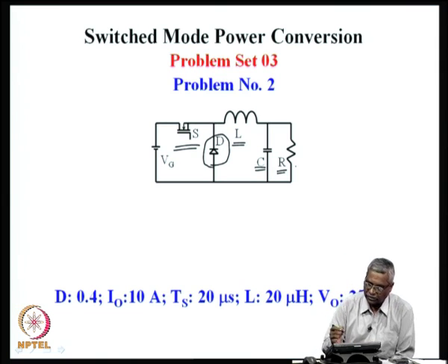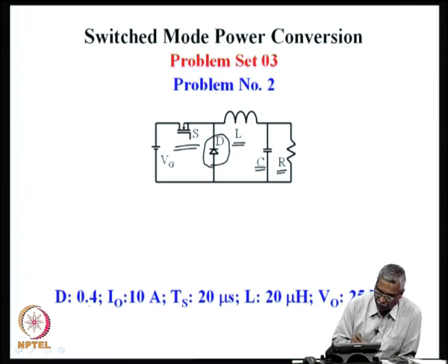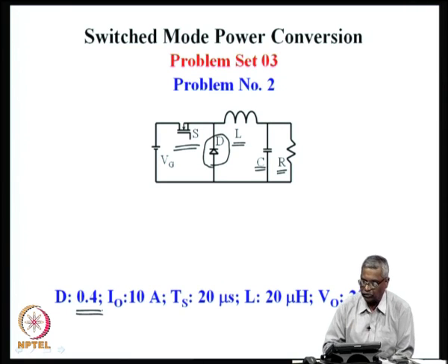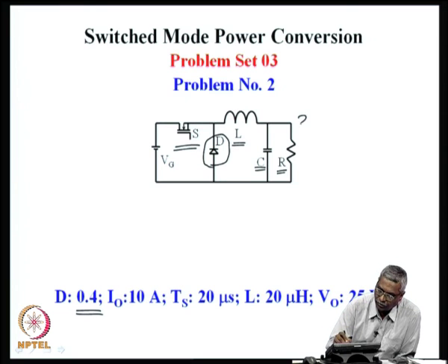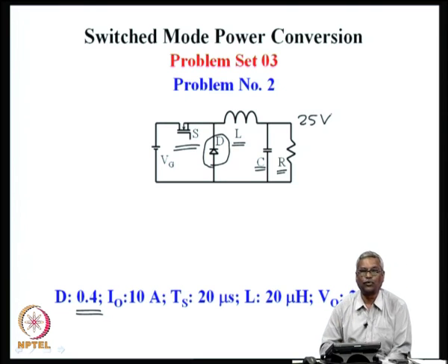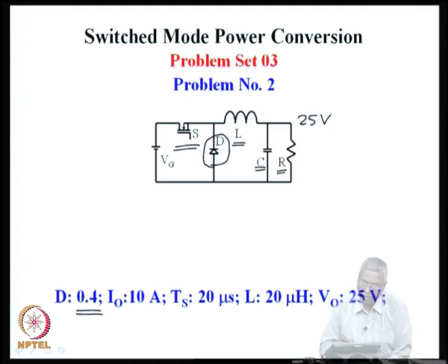In this particular example, the duty ratio is taken as 0.4 and V naught is taken to be 25 volts, and the resistance is such that the output current is 10 amperes.